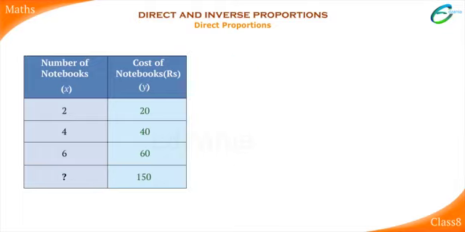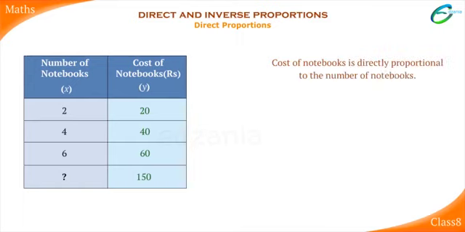Now let us say we want to calculate the number of notebooks to be purchased for 150 rupees. We know that the cost of notebooks is directly proportional to the number of notebooks. That is, X over Y is 1 by 10.